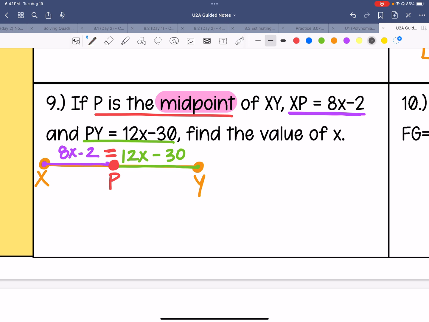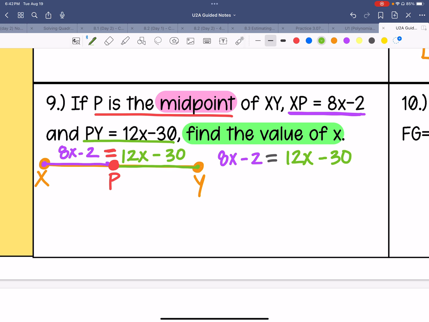So what we want to solve for to find the value of x, make sure we're paying attention to what we're looking for. We are finding the value of x. So how we are going to solve this is by setting 8x minus 2 equal to 12x minus 30.